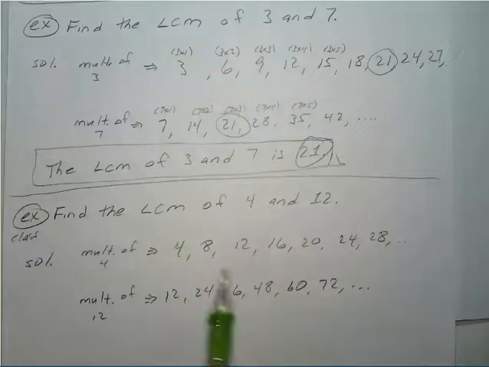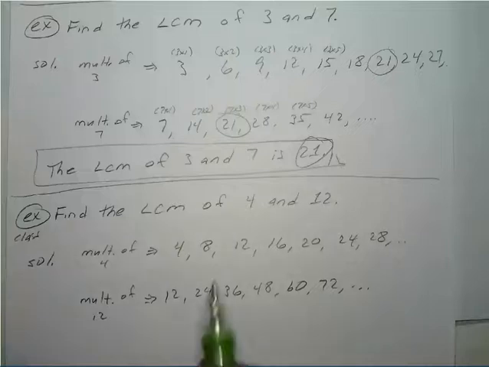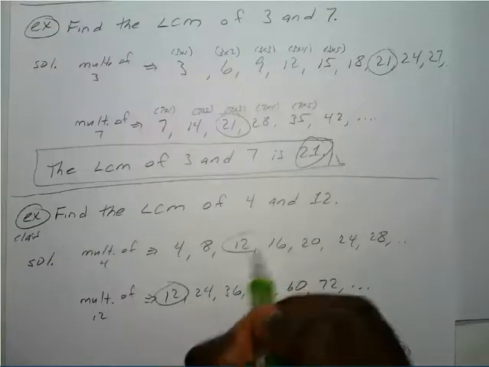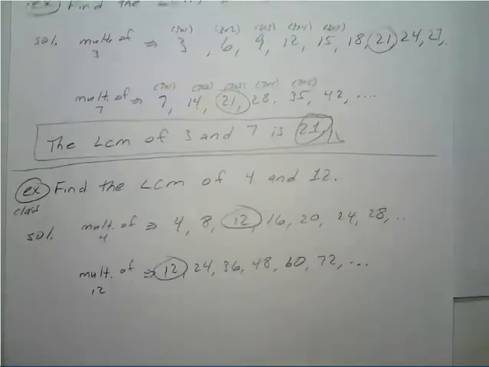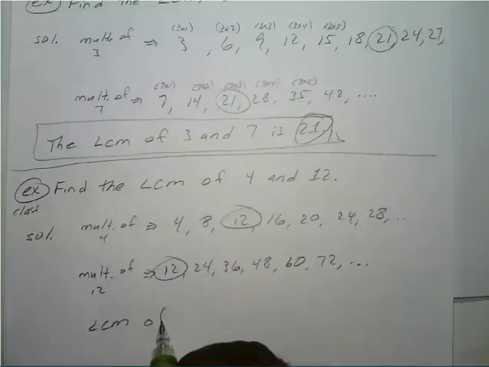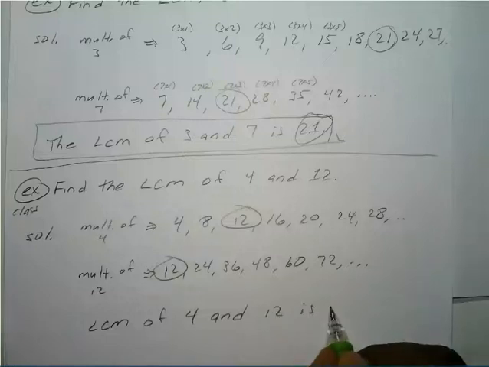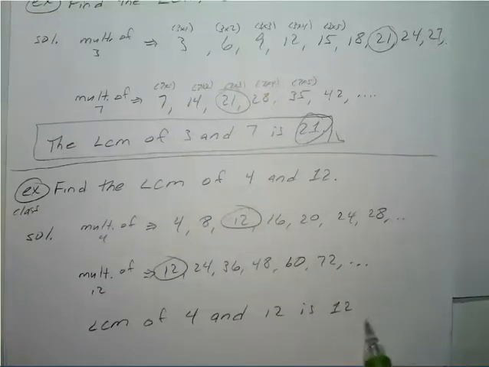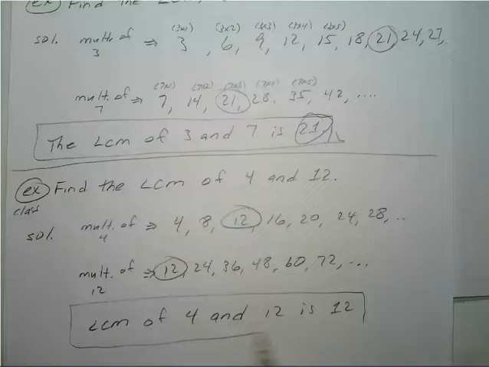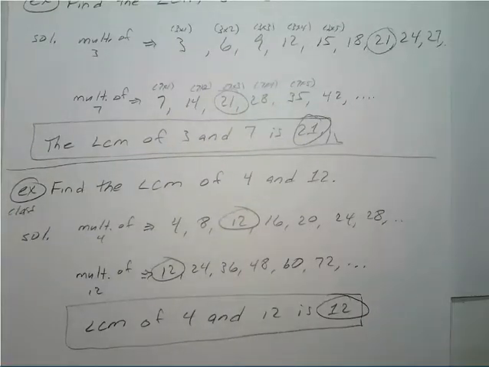Okay, so if you look at all of your multiples, the smallest that they have in common, that would be the 12. So that means the least common multiple of 4 and 12 is 12. That's the smallest multiple that they have in common.